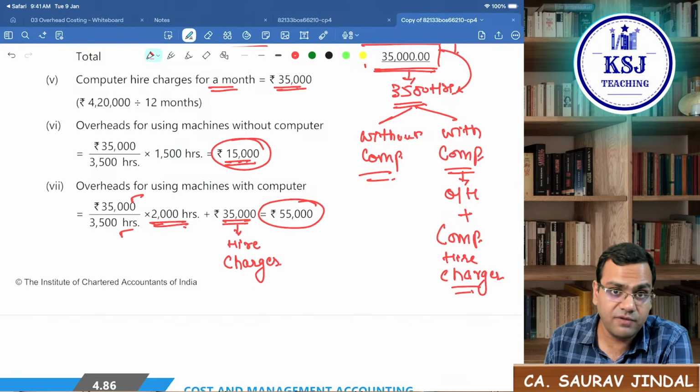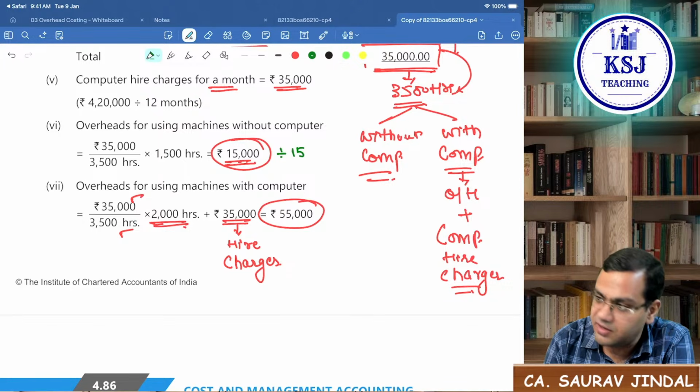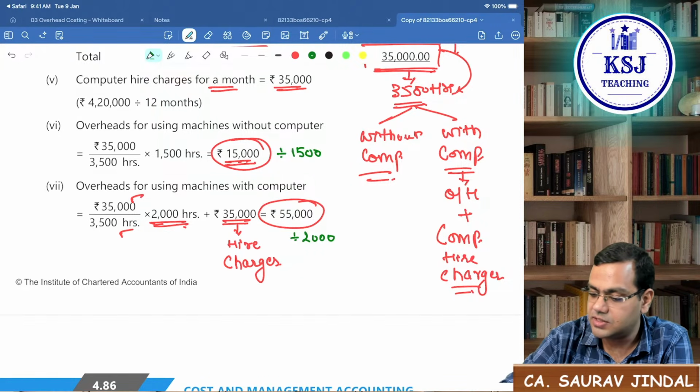So if you have to calculate the machine hour rate, what will you do? Sir, we will divide it by how many hours? 1,500 hours. Yes, sir. And this will be divided by 2,000 hours, isn't it?